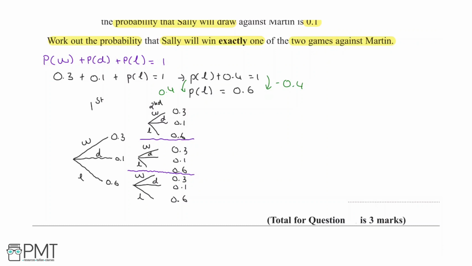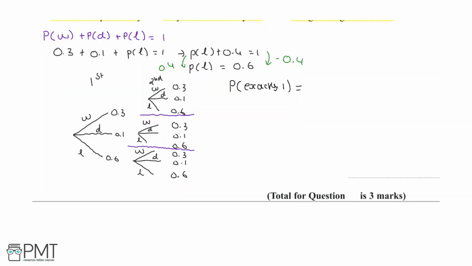Right. So, the probability she will win exactly 1 game is, so P exactly 1 is, she will win her first game, but she will draw or lose her second game. So this is going to be 0.3 times 0.1 plus 0.3 times 0.6.